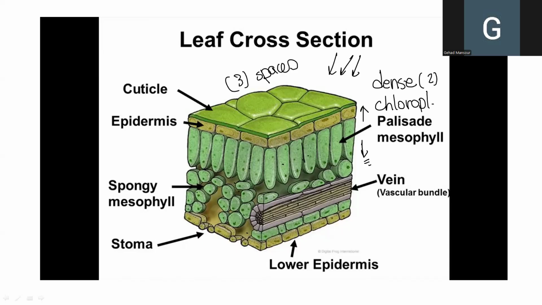Traversing the spongy mesophyll, we have the vascular bundle, and it is a bundle of vessels that cross the leaf. So if you look at the leaf pedicle, or the leaf stalk, you will find that it has a central vein and then smaller veins.